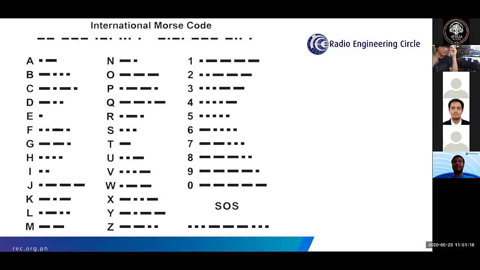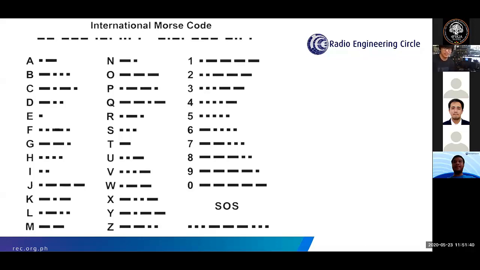Okay. Now E is 1 unit, and F is like this. You have to be constant on your spacing and duration. These are actually 2-letter words if you look at them.